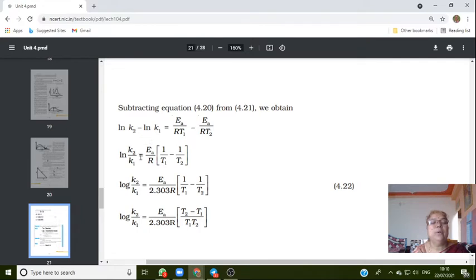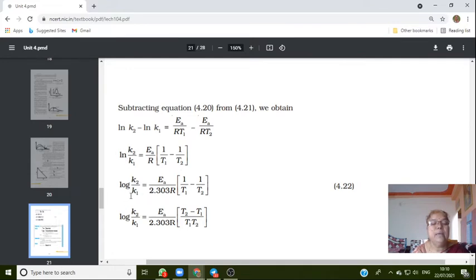Subtraction of two logs, that means ln K2 by K1, is equal to, with this factor common, EA by R in bracket 1 by T1 minus 1 by T2.